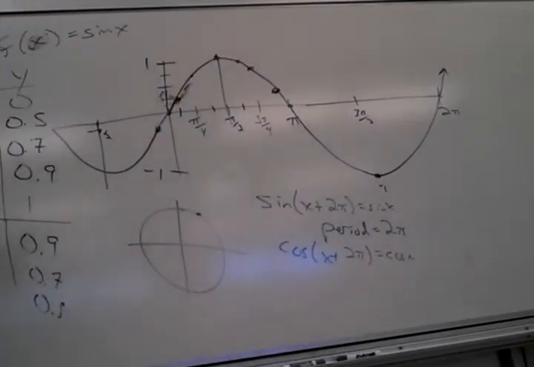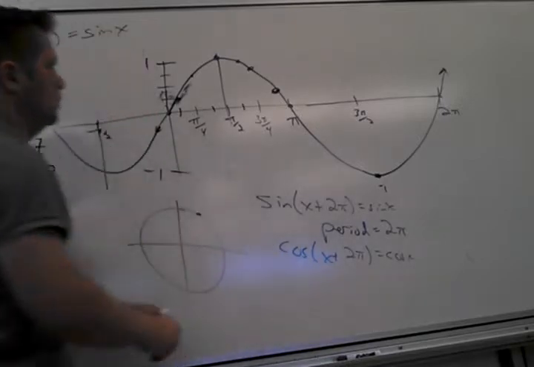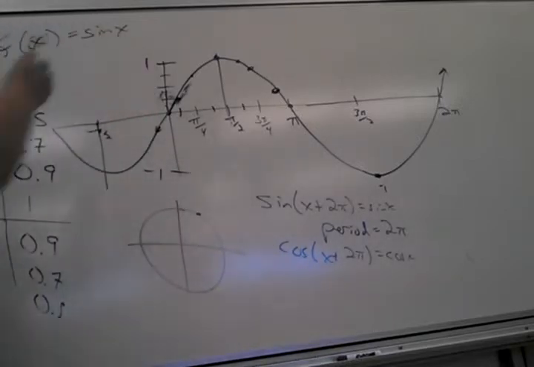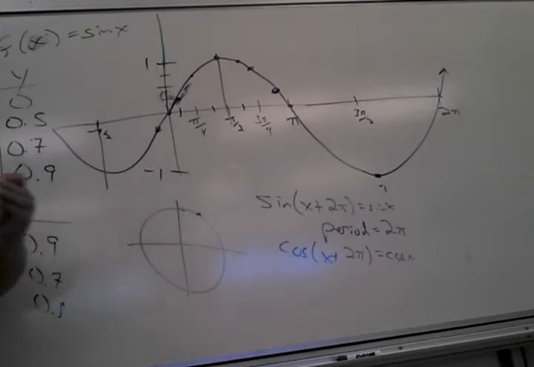Now, since we have this picture up here, and I really didn't give myself enough room, but what's related to sine? Which one of the other 3? You got sine, cosine, tangent. Cosecant. So cosecant is 1 over sine. So wherever sine is 1, cosecant is 1, right? Because it's 1 over 1.